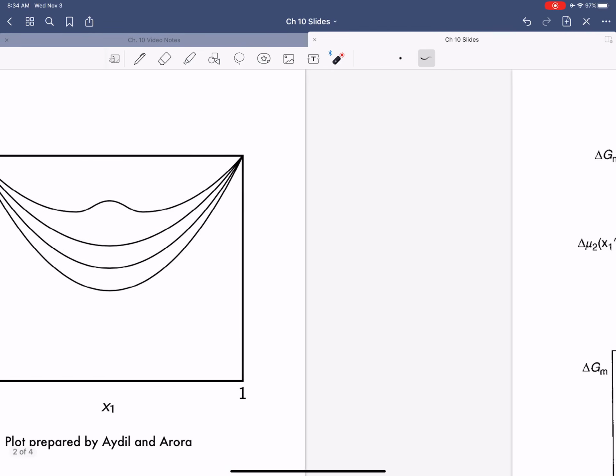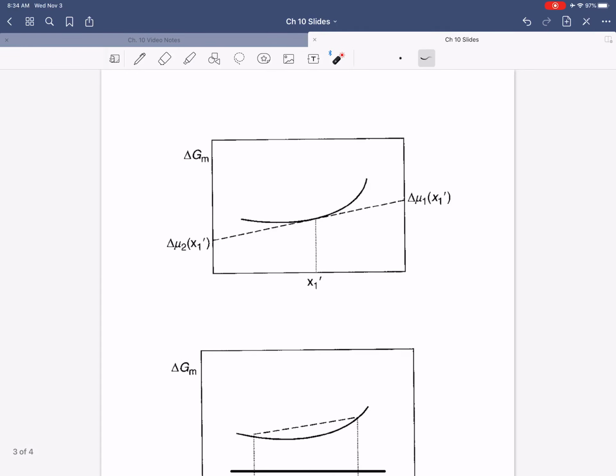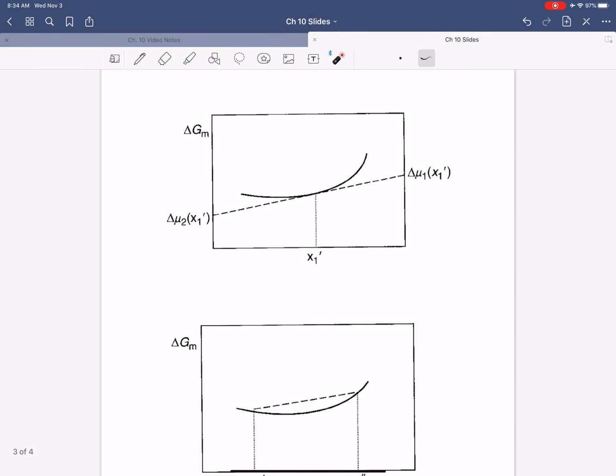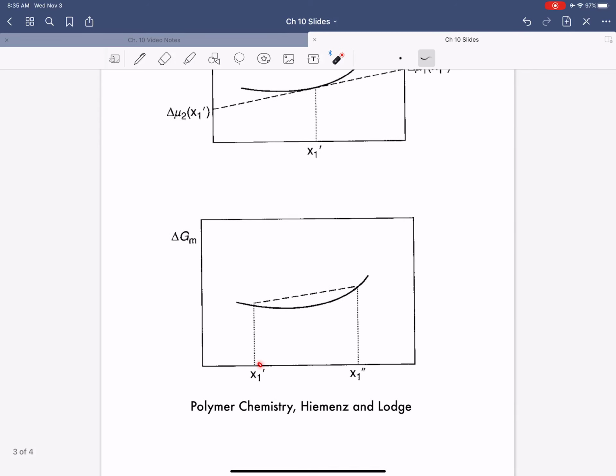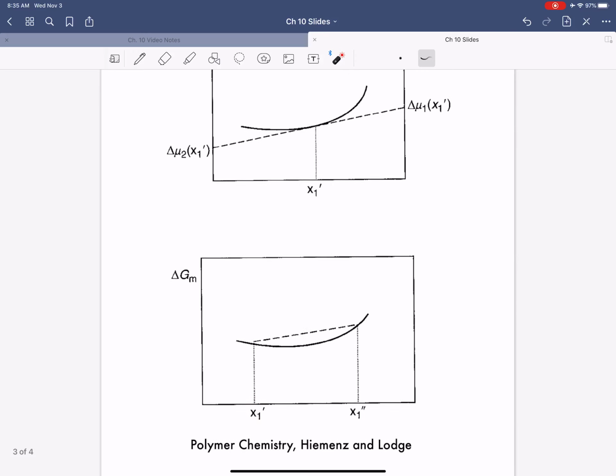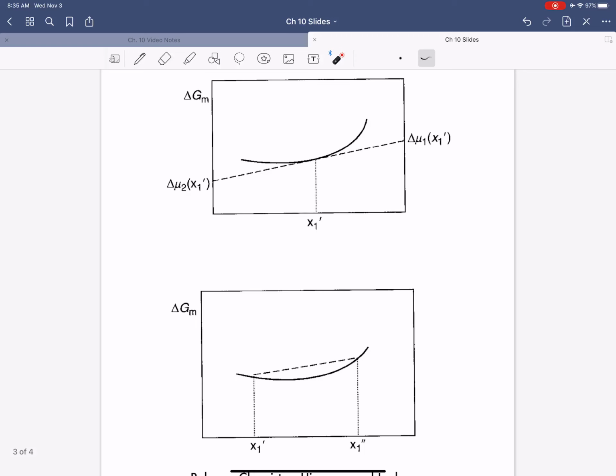Another way we could think about that is that if we had some original X1 value, and we wanted to see if it phase separated into different compositions, X1 prime and X1 double prime, what we would need to do is see how the delta G mix at those different positions compare.